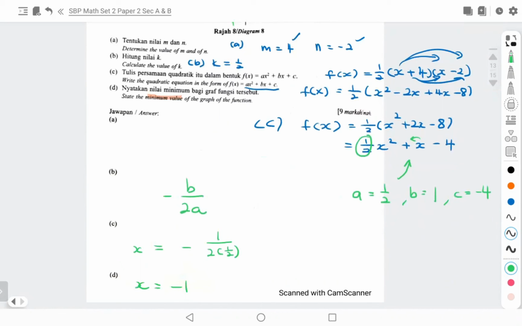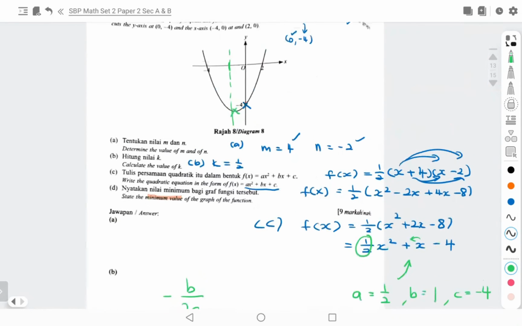Now you substitute and find back the value of fx, which is the y coordinate. And the y coordinate, because you want to have the minimum value, meaning the y coordinate here.